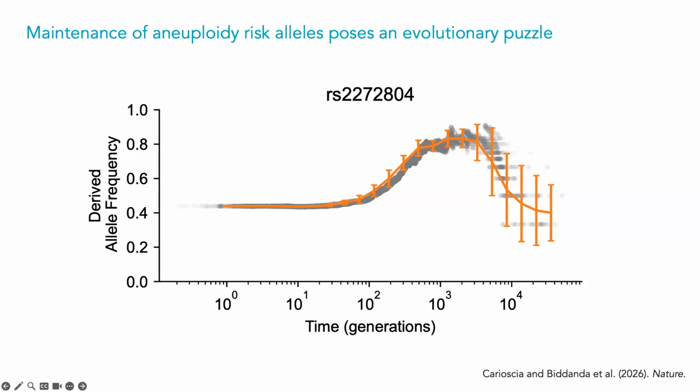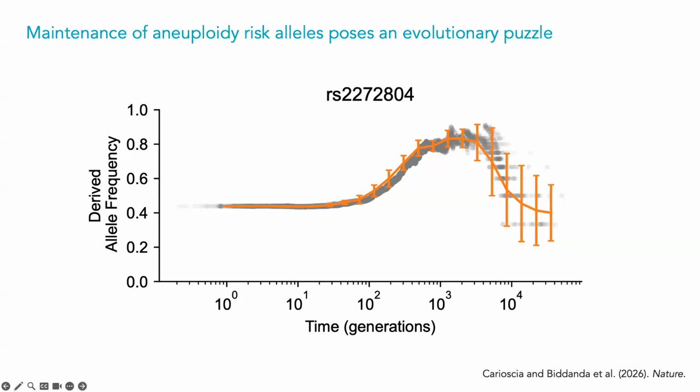We see that it's polymorphic within the Neanderthal genomes, for example. So we're not totally sure what's going on there, but my postdoc Arjun also developed a second theoretical model focused on negative selection. His idea was that if you model the selection coefficient based on the expected number of viable offspring that a woman could produce over her reproductive lifespan, you would end up with a selection coefficient of about 1%, which is off the charts.